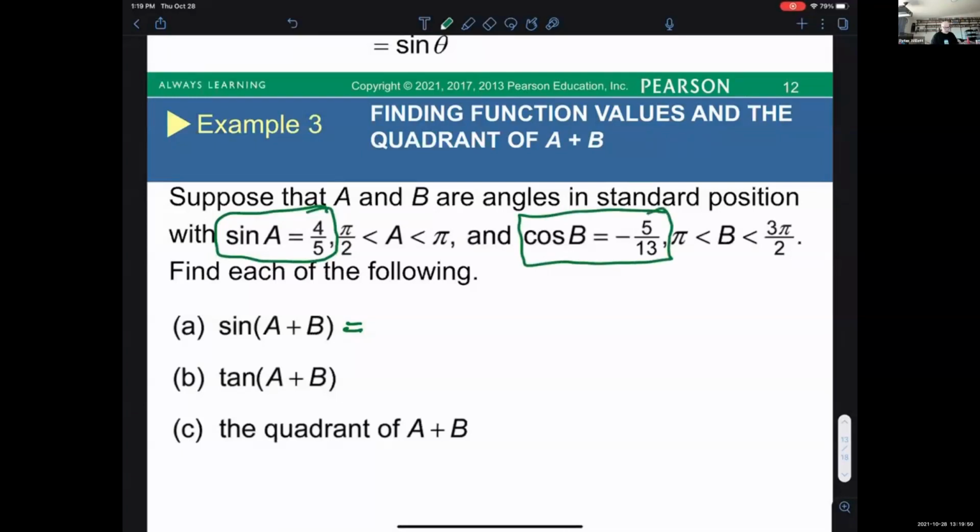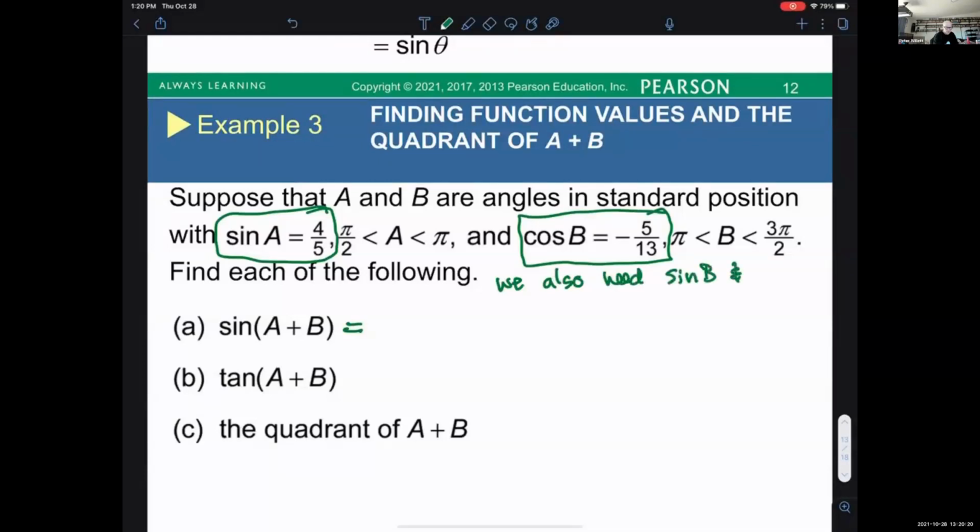So since the formula for sine of A plus B has sines and cosines of both A and B in it, having just sine A and just cosine B is not enough. We also need sine of B and cosine of A if we're to apply these formulas and get a value.